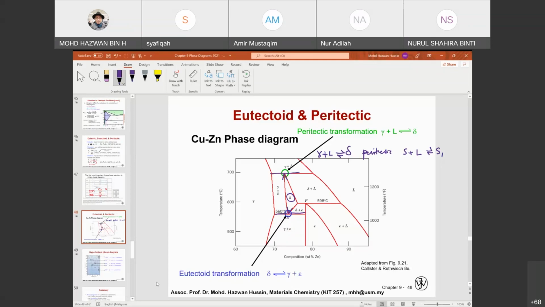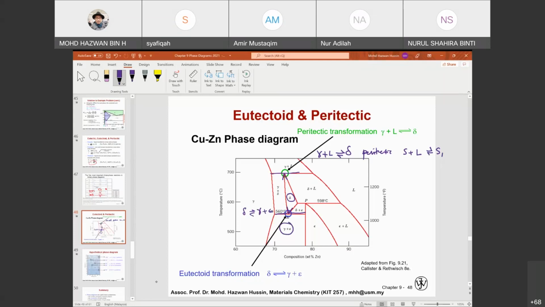Gamma plus liquid. Delta kita nampak dekat atas ni, sebenarnya satu solid which is delta. So this will be the reactant, and the product kita tengok kat bawah. So delta forms gamma plus epsilon.